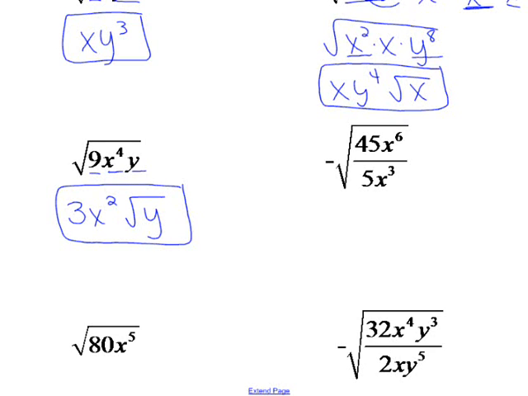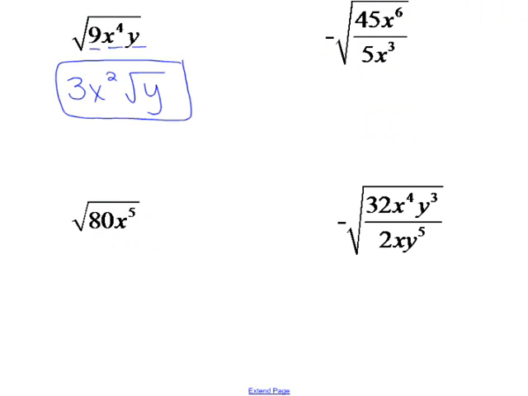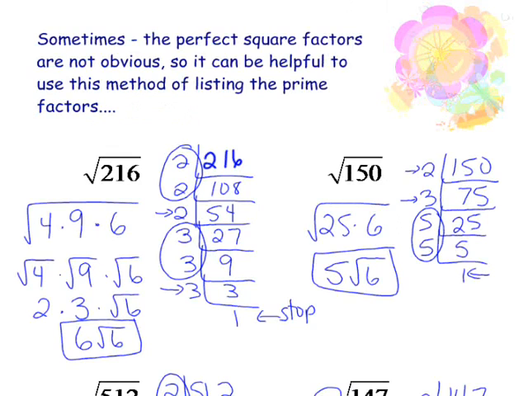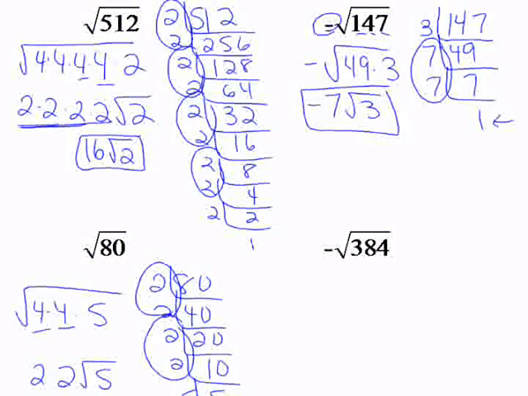Let's go ahead and do the one below that before we hit the fractions. The square root of 80 we just did on the last page. So let's look at that again. The square root of 80 was 4 times the square root of 5.